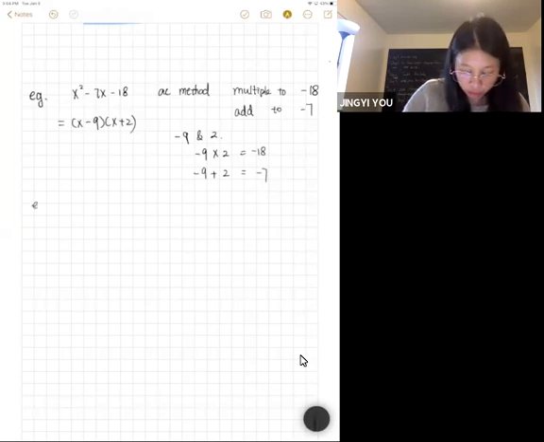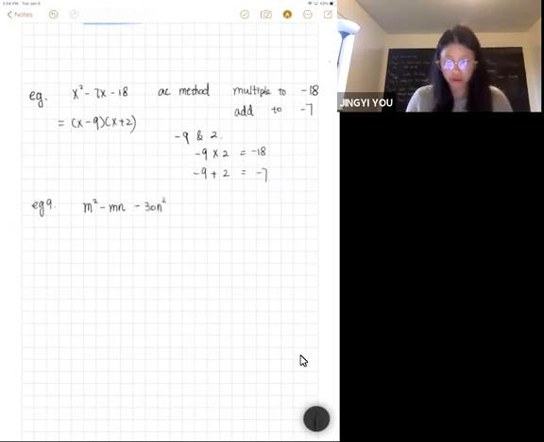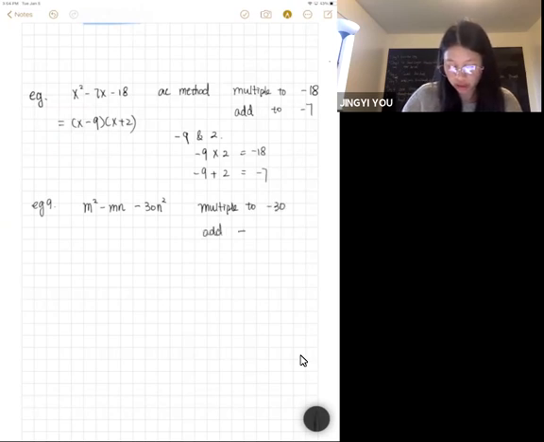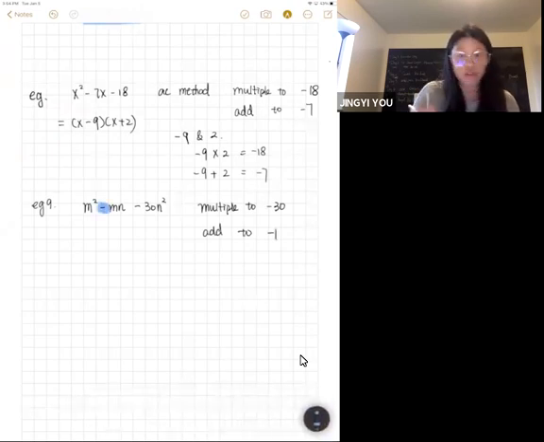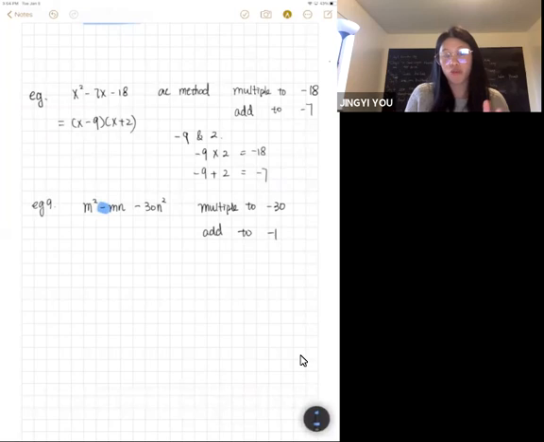What if we have m squared minus mn minus 13n squared? This is the same. We want two numbers to multiply to get negative 13, and we want them to add to get negative 1. Here it doesn't have any coefficient. That means it should be 1, because 1 multiplied by everything is equal to itself. And don't forget the negative sign, so that's why it's negative 1.